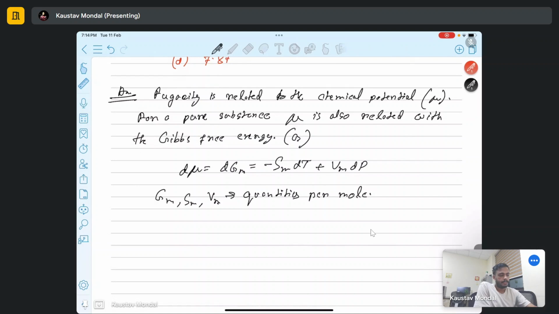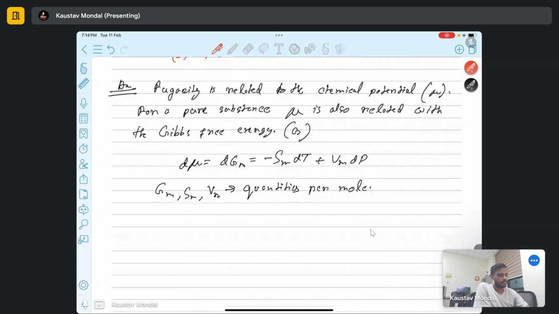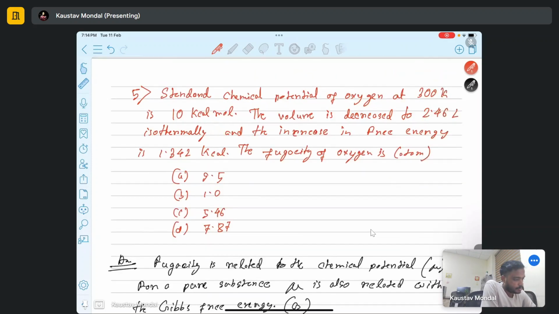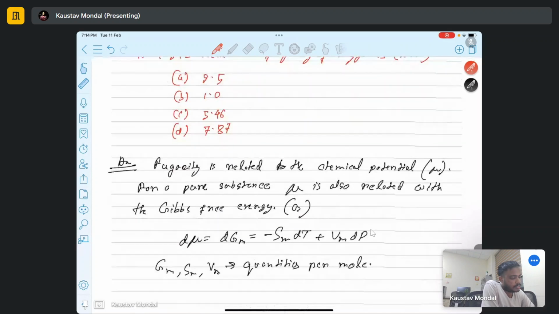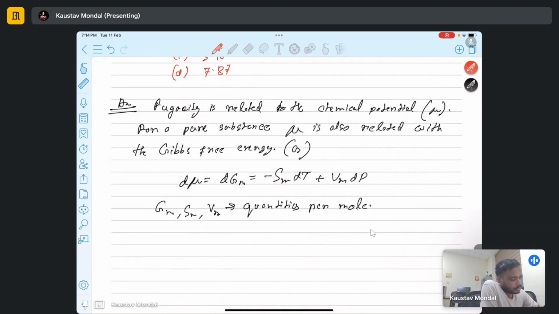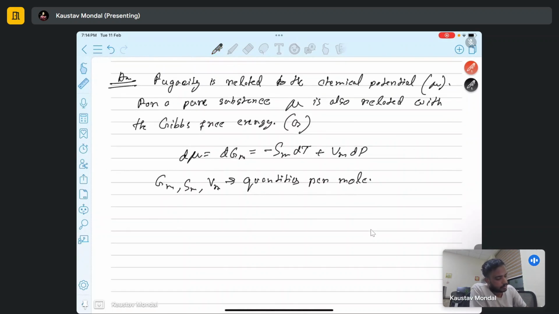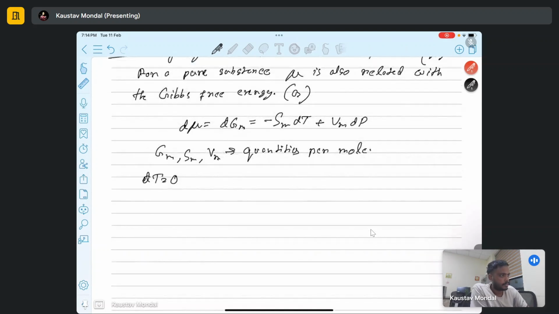So now what we can do? In this problem, the system remains at a constant temperature, dT is 0, so this term will become 0. So basically you can write d mu as Vm dP.